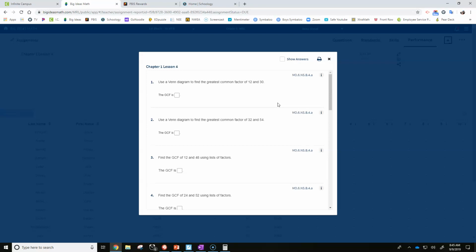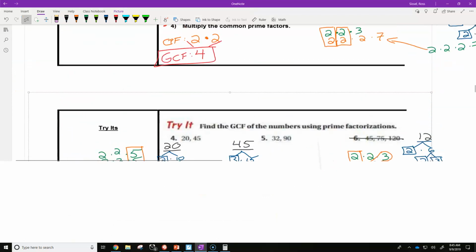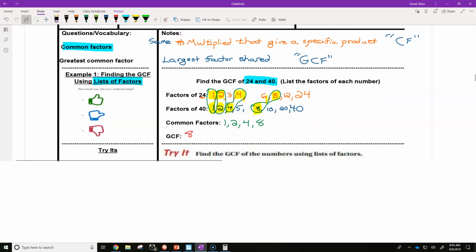Just show me what you did. On number 3 and 4, find the greatest common factor using list of factors. Using list of factors. That is our example 1. This was 4 lines it should take you. List the factors, list common factors, list greatest common factor.